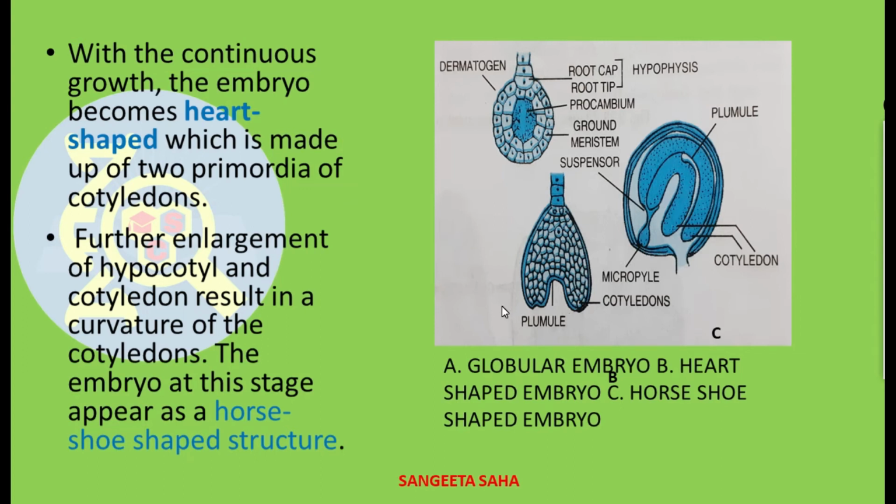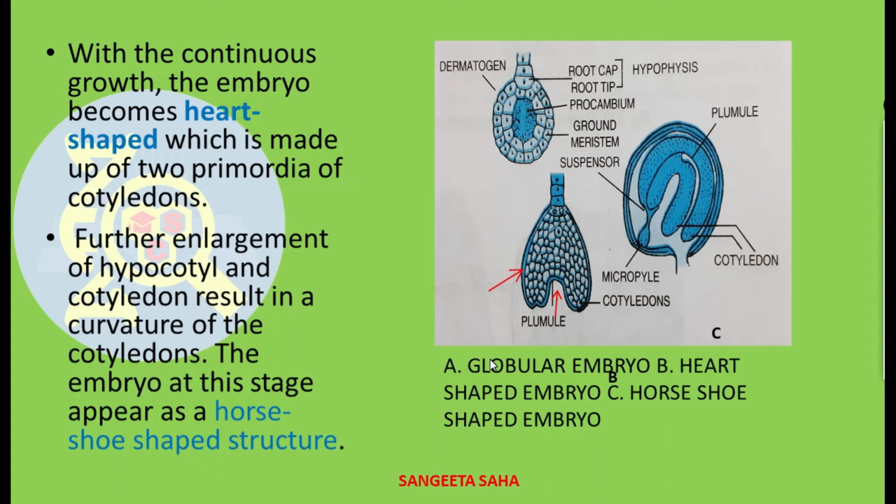The bulging structure, as you can see in the diagram here, this one, these bulging structures formed are the cotyledons, and the point here is the plumule. If you see the shape here, it looks somewhat like a heart. So this type of embryo is known as the heart-shaped embryo.